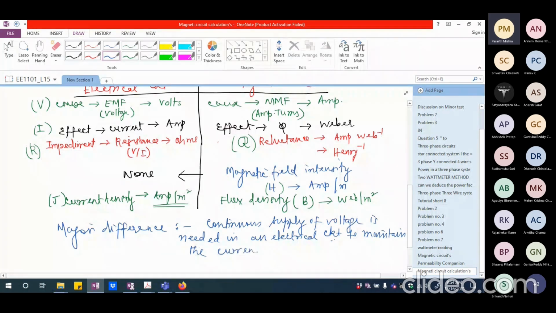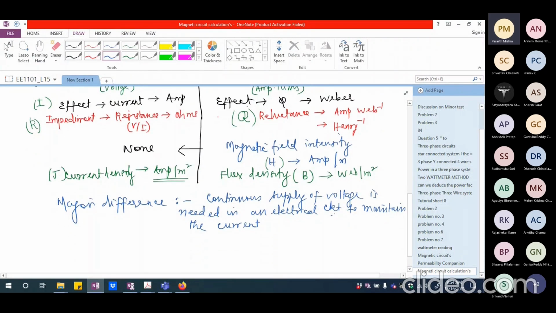Whereas once magnetism is established, any further current or further MMF you give in a magnetic circuit is only going to go towards heat dissipation. It's not going to increase the amount of magnetic field that is really produced in a particular magnetic circuit. So that is one of the major differences.